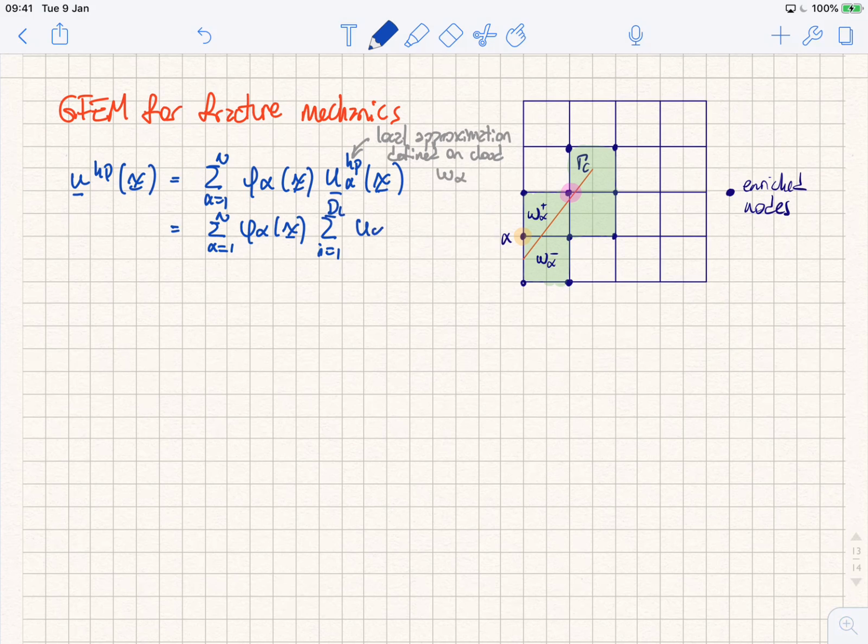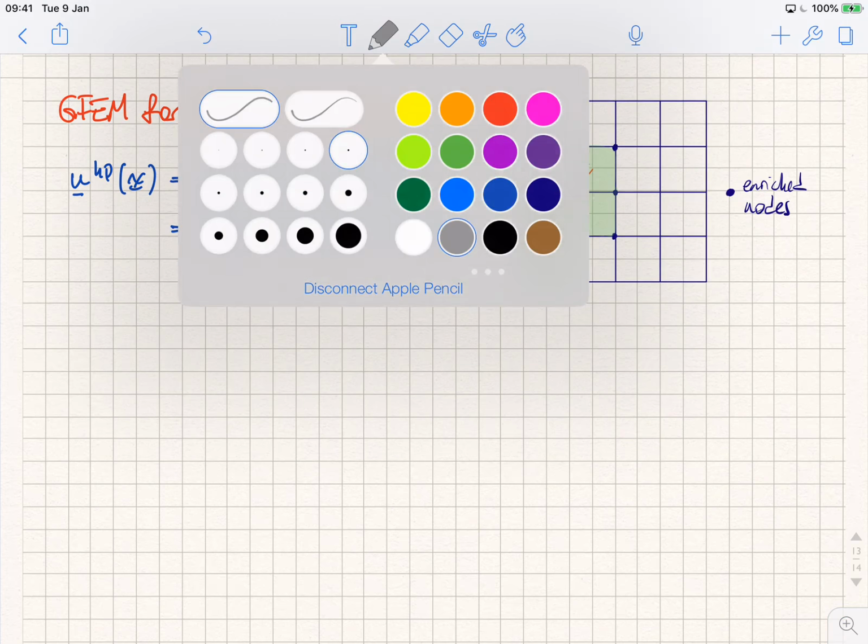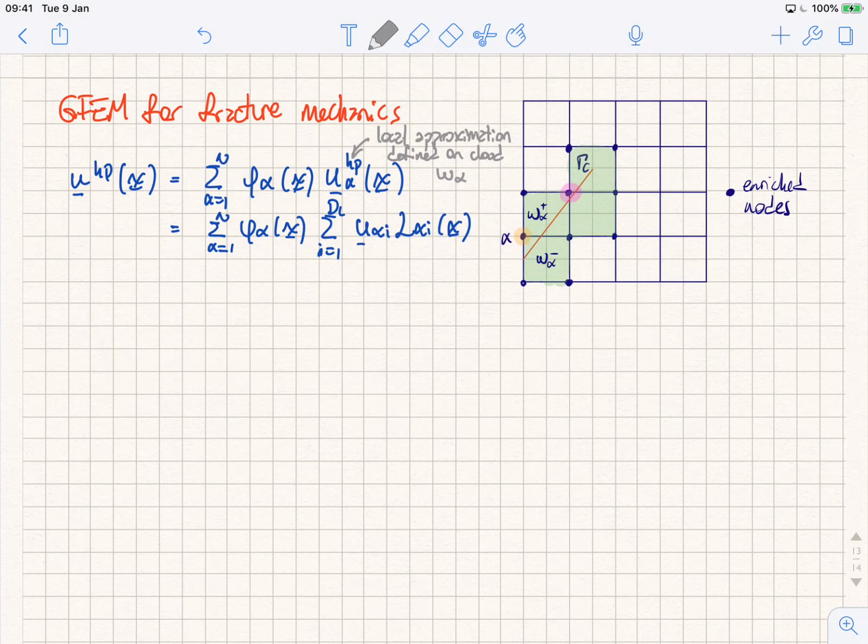So this u alpha I corresponds to the enriched degree of freedom, and now I have my alpha I that is a function of location, and these are my enrichment functions. And DL, of course, is the dimension of that enriched space.